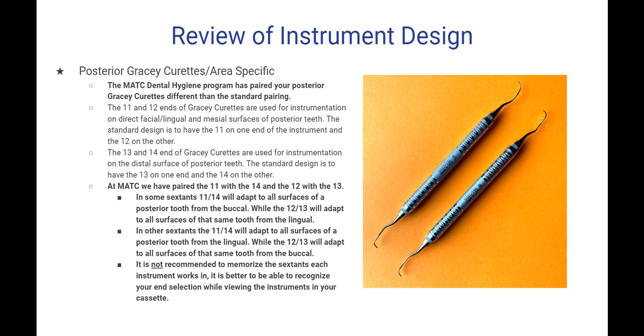In other sextants, the 11-14 will adapt to all surfaces of the posterior tooth from the lingual, while the 12-13 will adapt to all surfaces of that same tooth from the buccal. It is not recommended to memorize the sextants each instrument works in. It is better to be able to recognize the end selection while viewing the instruments from your cassette.